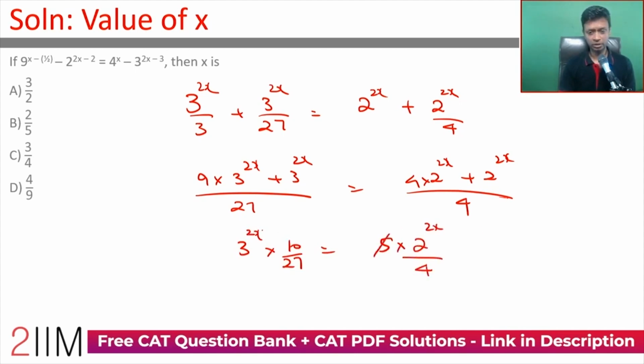This 5 gets knocked off. We have a 2 here. This becomes 3 power 2x into 8 equals 2 power 2x into 27.